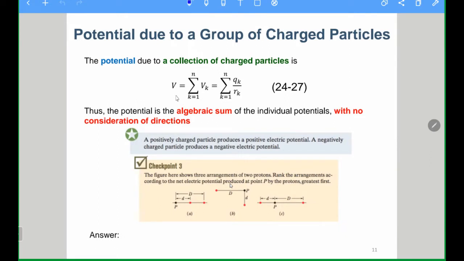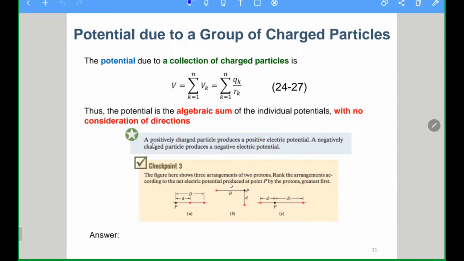Then we don't need to decompose the vectors into different components and add the components correspondingly. So the potential is an algebraic sum of the individual potentials with no consideration of directions. This is the good point of introducing this potential.